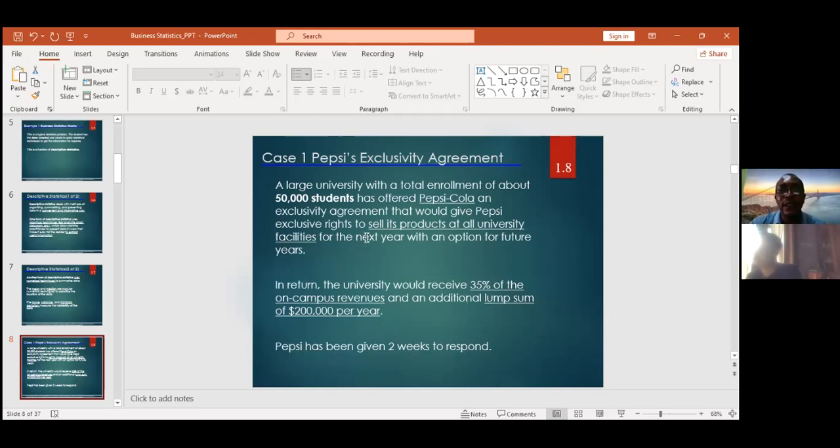Now, this is a case study. So Pepsi can do a simple statistics or a simple research, applying statistics to gather some information to know how to respond to this agreement within 2 weeks. So let's see what they can do.